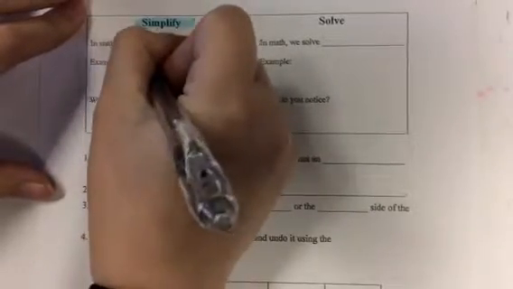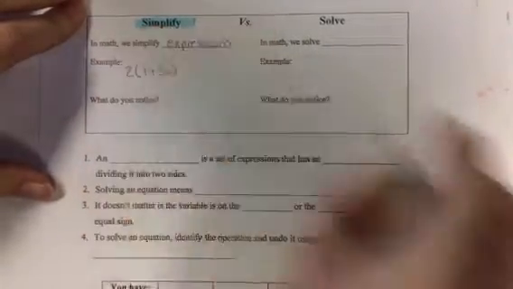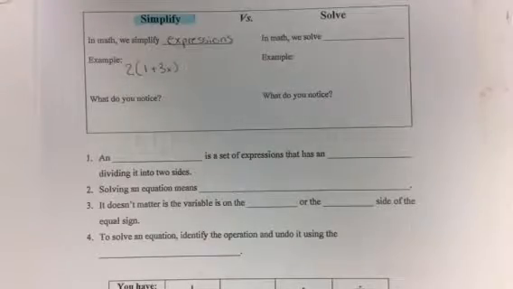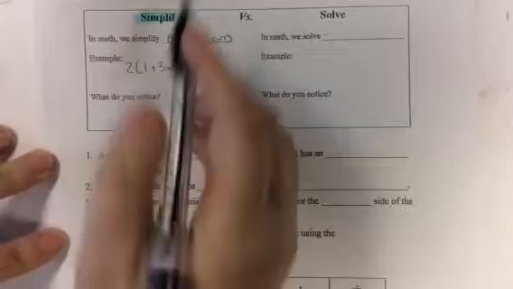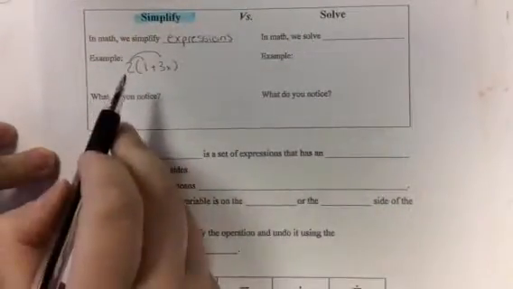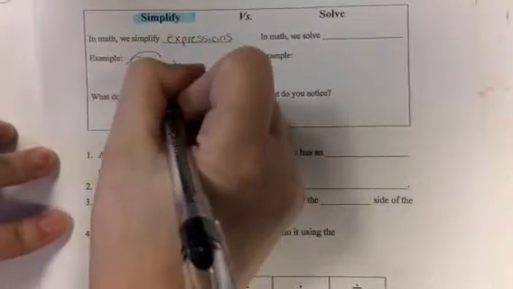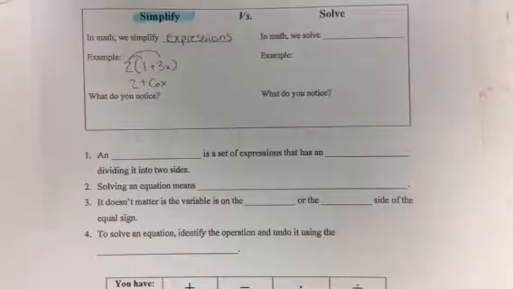An expression could be something like 2 times (1 plus 3x). Now to simplify this expression, we would use our distributive property and distribute our 2 to each term inside of our parentheses. And when you do that, you get 2 plus 6x.